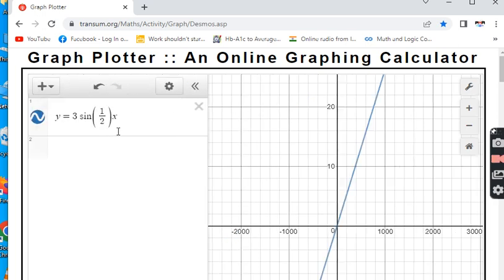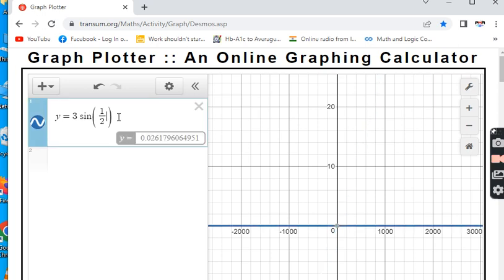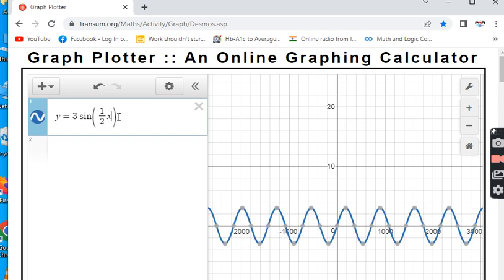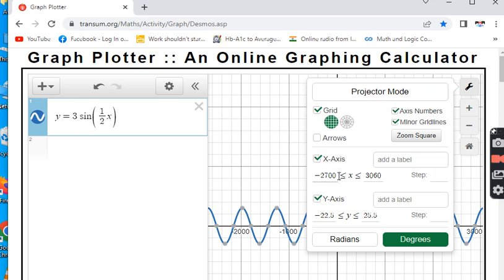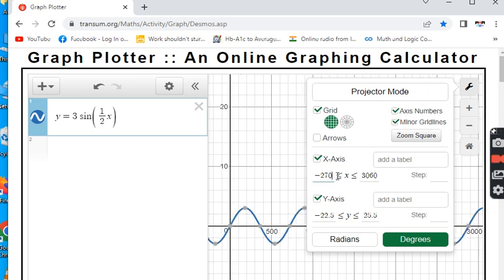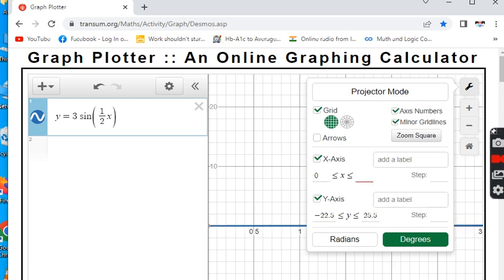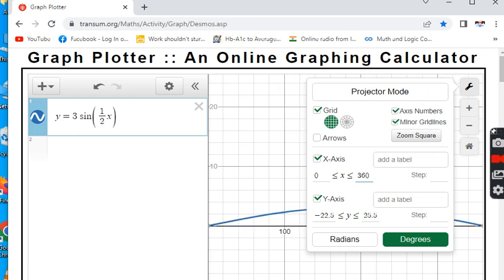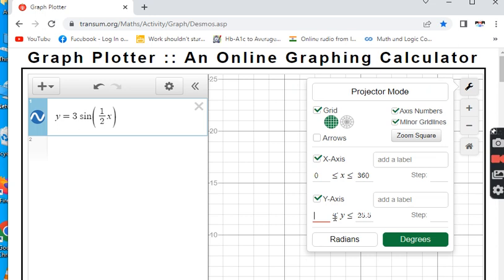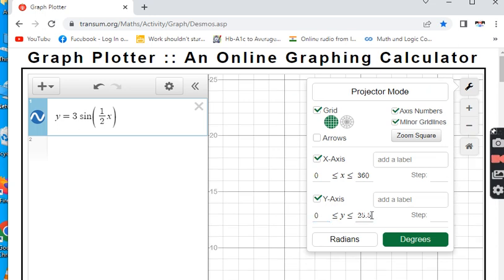No, this is not the correct graph. We are drawing sine 1 upon 2x. Yes, this is 100% correct. Now I am changing the values. Again 0 to 360 and from 0 to 3.